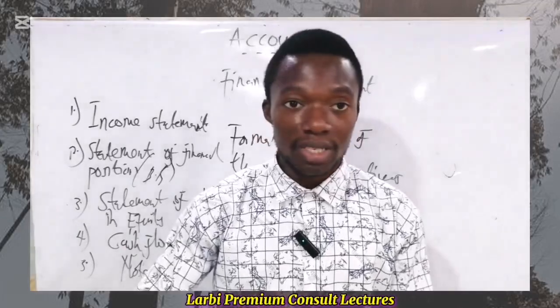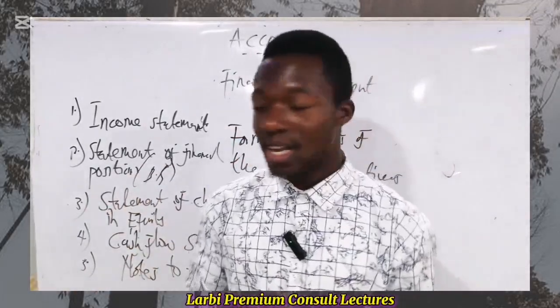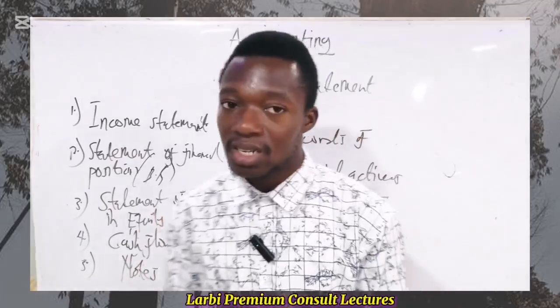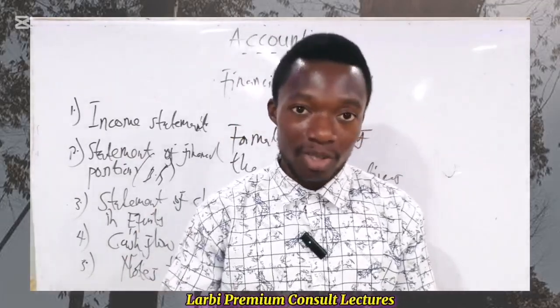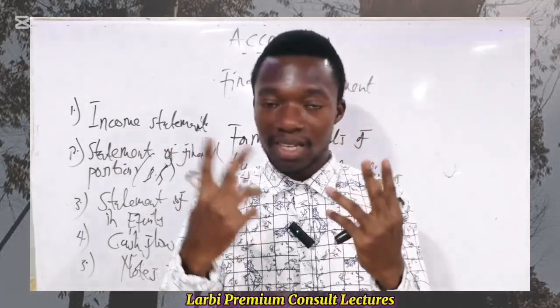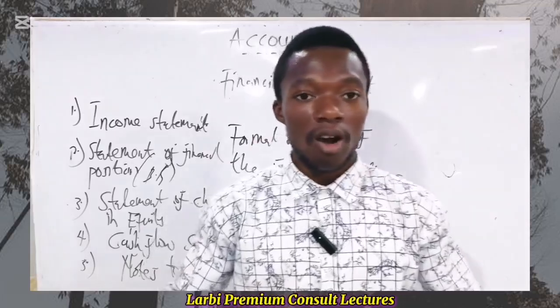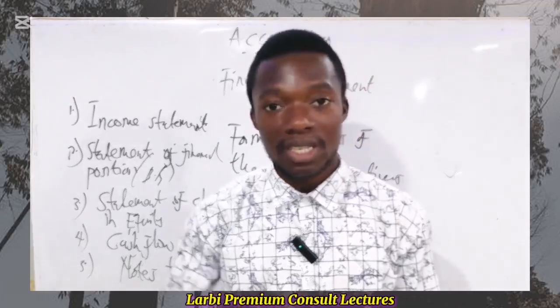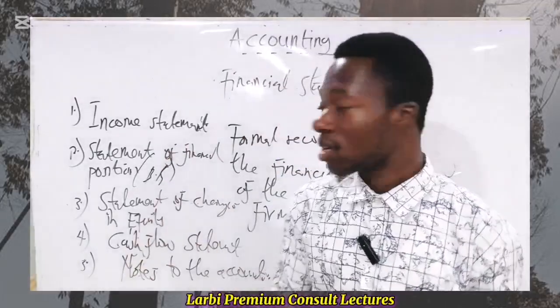In a better definition, the statement of financial position tells us a snapshot, like a picture, just one time. It gives us a snapshot of the entity's position as at now. This is what we call the statement of financial position.